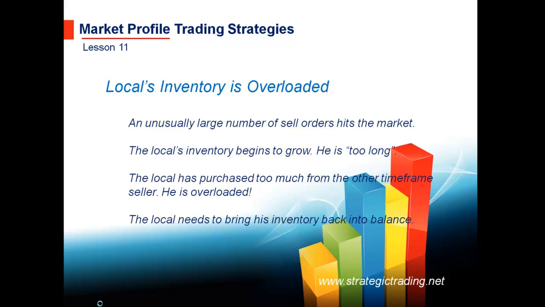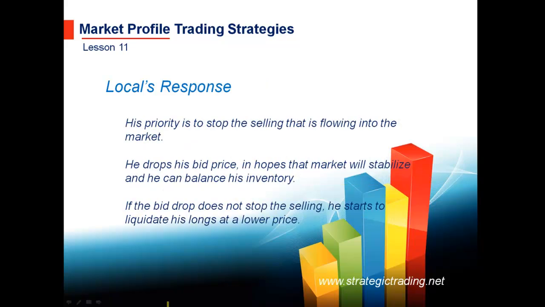Here's what a market maker does when they get overloaded or too long. His priority is to stop the selling that's flowing into the market. So he drops his bid price significantly. And usually the drop is not random or haphazard. They have access to something that you and I don't, which is the order book.